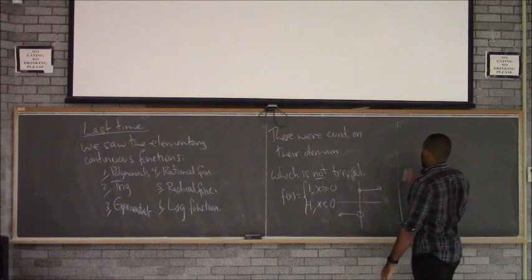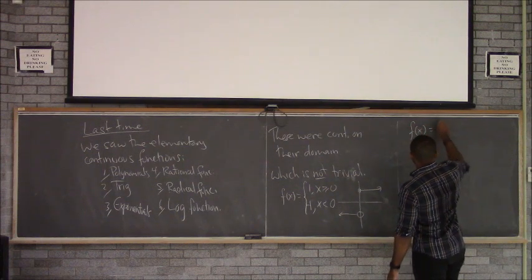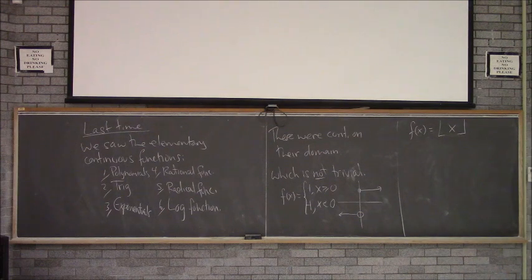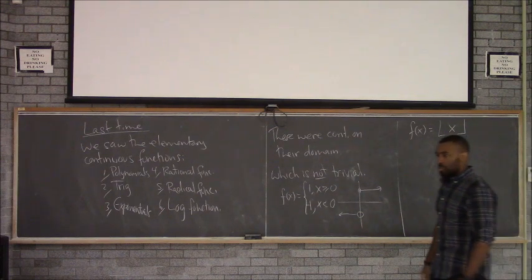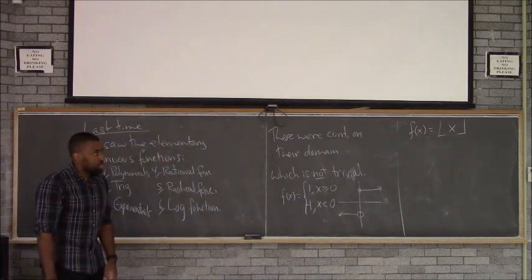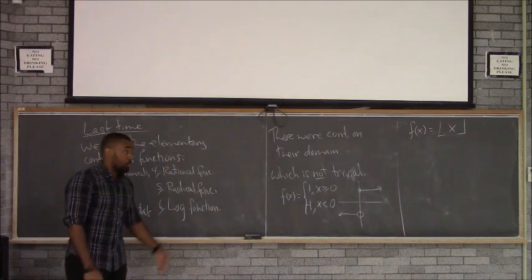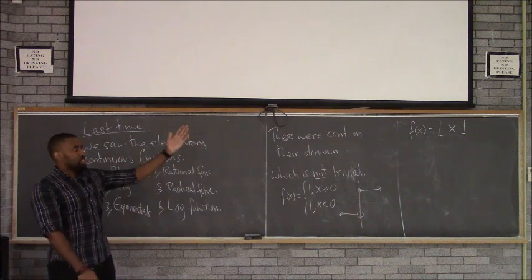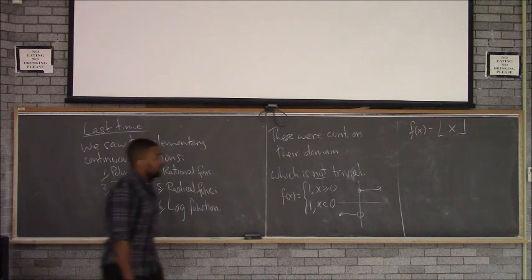So you can have another important function like the floor function. This is the function that always rounds down. Anytime you give it a number, it simply cuts off the decimal point and tells you the output. So if you give it 2.1, it'll output 2. 3.79, it'll output 3. 17.5, it'll output 17. This is the floor function.